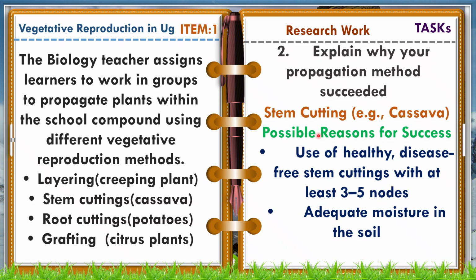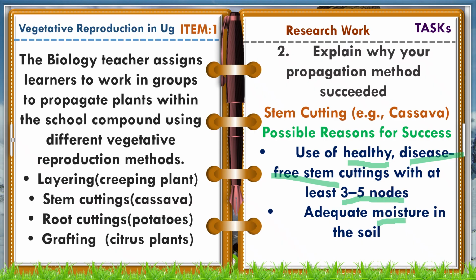Then we have the stem cutting, for example, the cassava. The possible reasons for success. There was use of a healthy, disease-free stem cutting with at least 3 to 5 nodes.